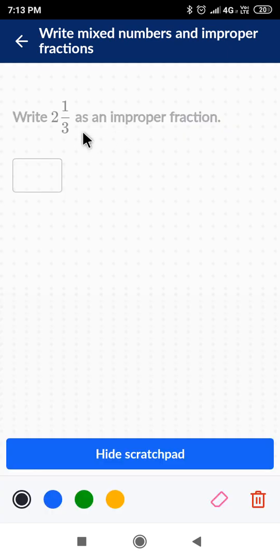This I will do directly here. 3 2s are 6 plus 1, 7 by 3.